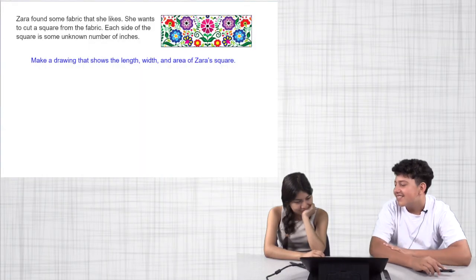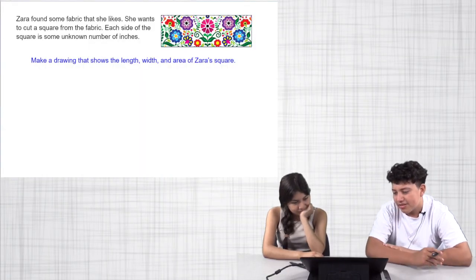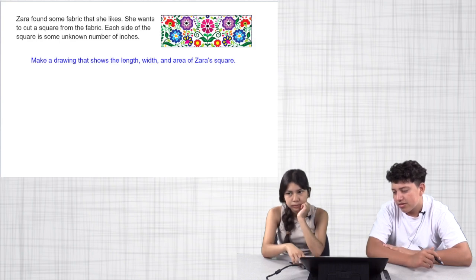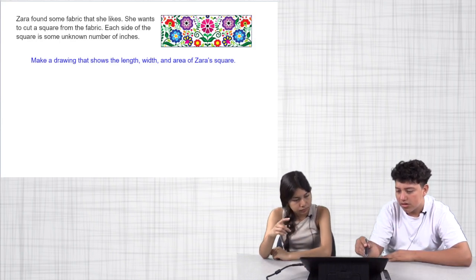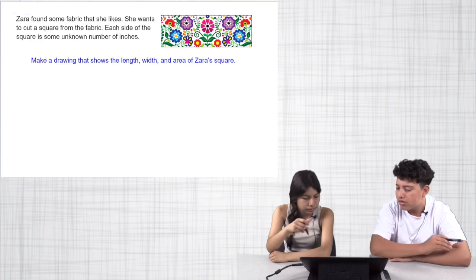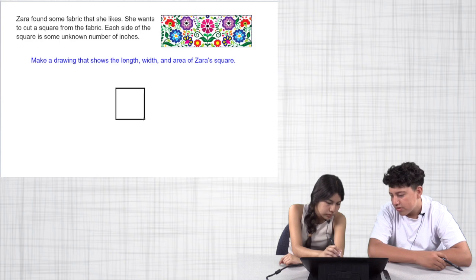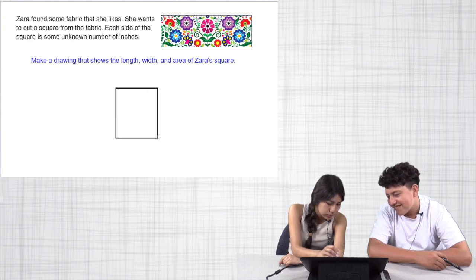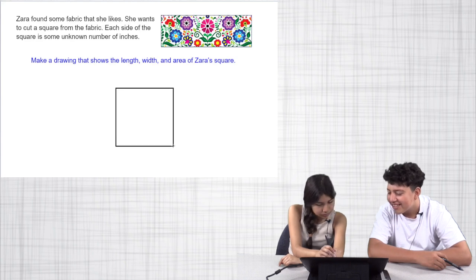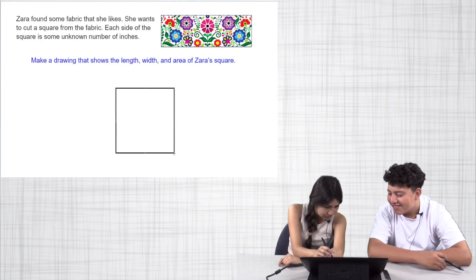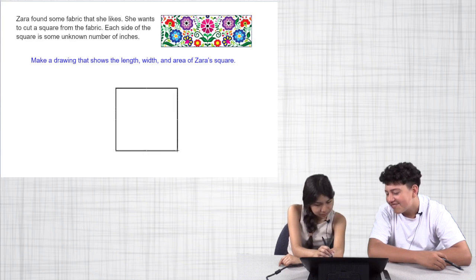Let's say that Zara's fabric is 4 inches on each side. Can you make a drawing that shows the length, width, and area of Zara's square? Go to the right. A little bit more. Right there.